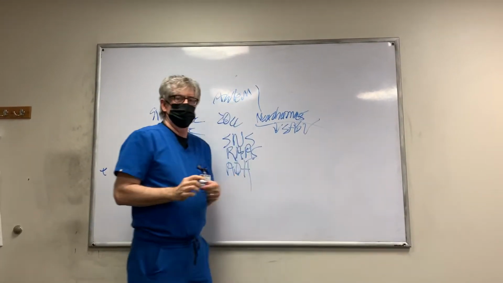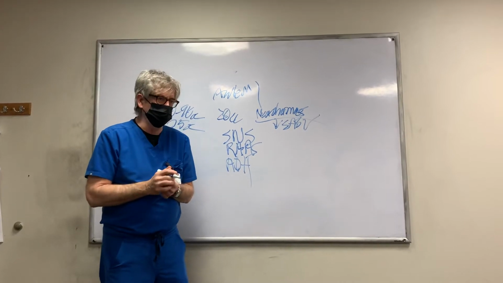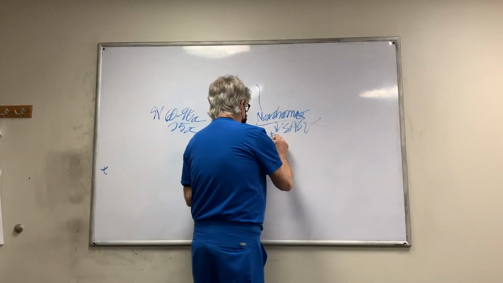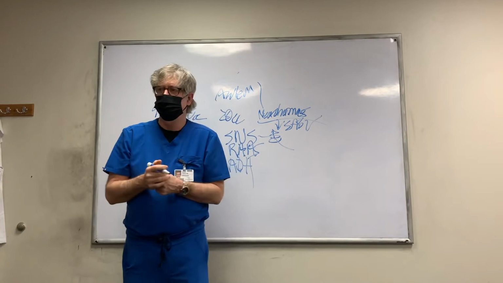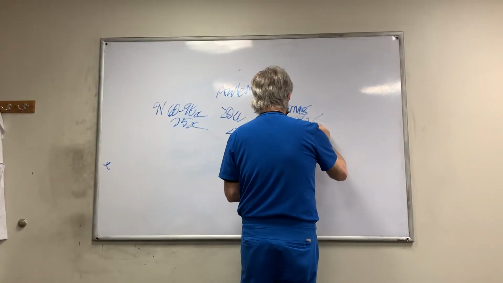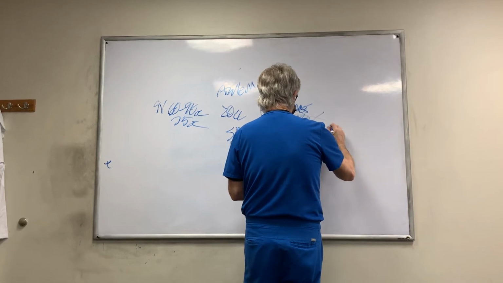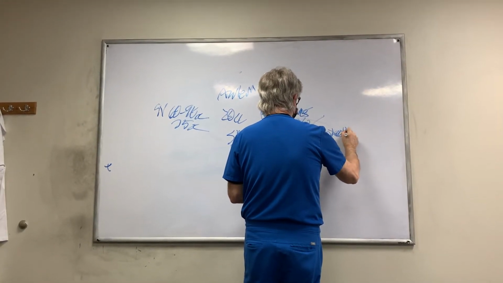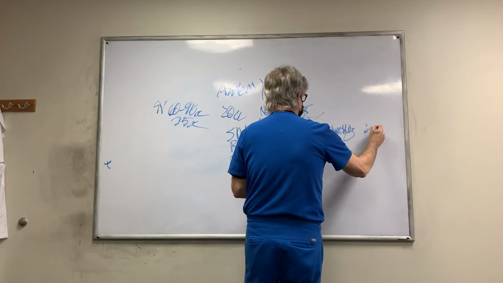Heart's not beating normally. So with the sympathetic nervous system, you have beta and alpha receptors. The beta receptors will increase your heart rate, chronotropism, and they will increase contractility. That's inotropism.